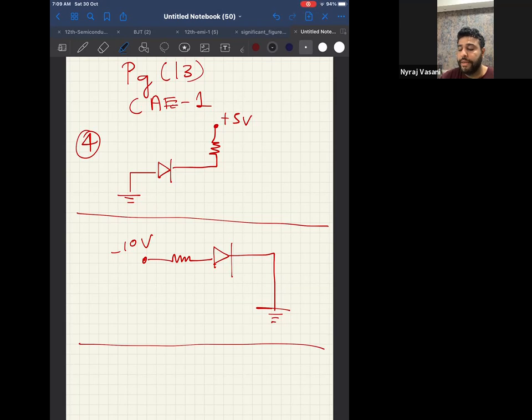For answering what is forward and reverse, you should know the definition of forward and reverse.